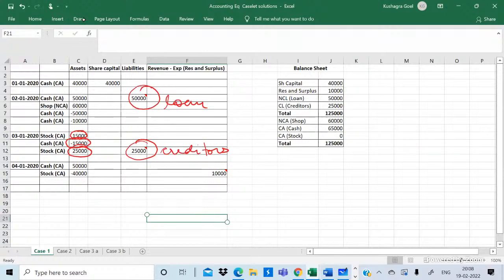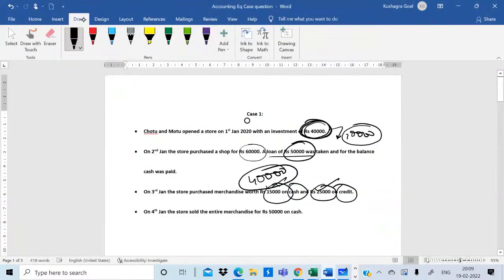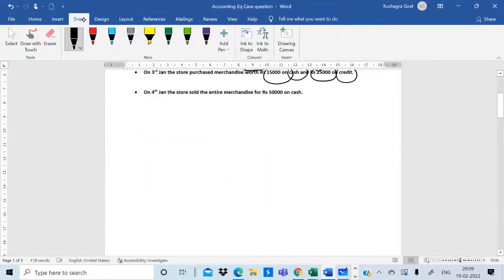Okay. Then let's look at what's happening on 4th of Jan. So on 4th of Jan, what the company is doing is they're selling the entire stock and they're selling it for 50,000. And how did they sell it? They sold it on cash. So you're selling it for cash.